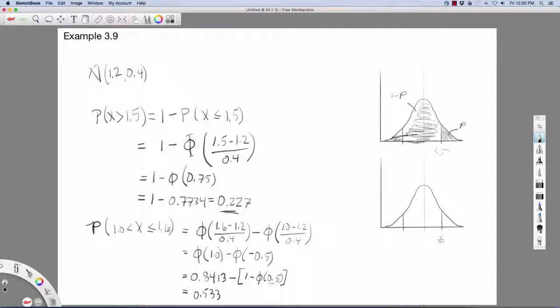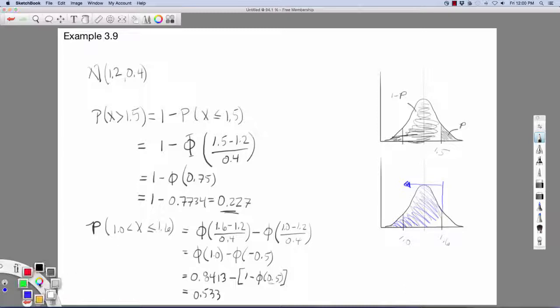So that would be in here, 1.6 and 1.0. What we want is the probability between these two. The way that we do that is first we take the probability, and let me change colors to make it easier to see. Let's do this blue. For 1.6, we take all of this probability in blue down to minus infinity, and we subtract off of that the probability that it's 1.